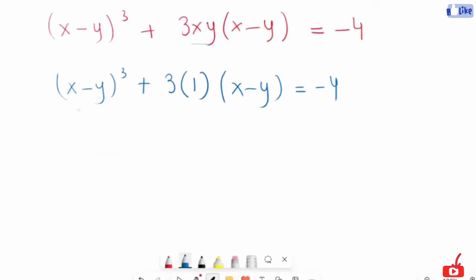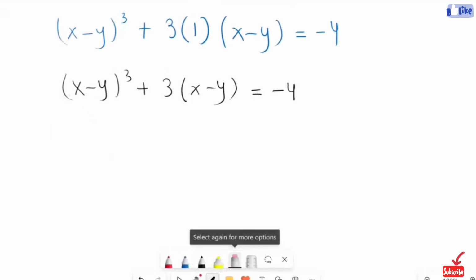This will turn to (x − y)³ + 3(x − y) = −1. Here we have x − y common, so I am going to write x − y = t.